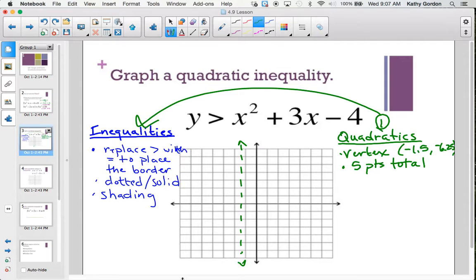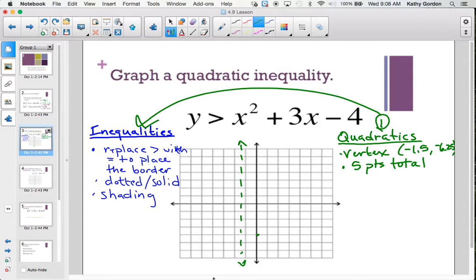Okay, now what's another point that I can easily put on this graph? The y-intercept. What is it? Negative 4, right? So negative 4: 1, 2, 3, 4. Goes right there.